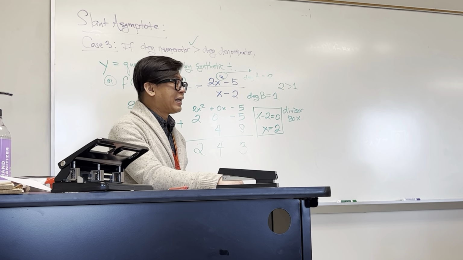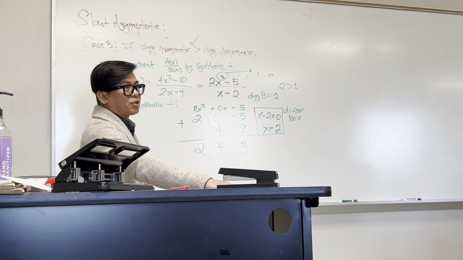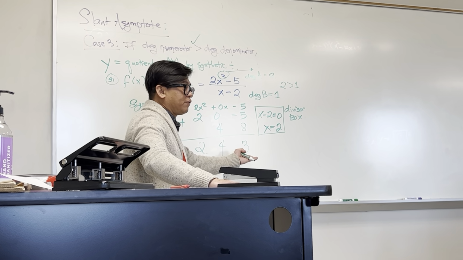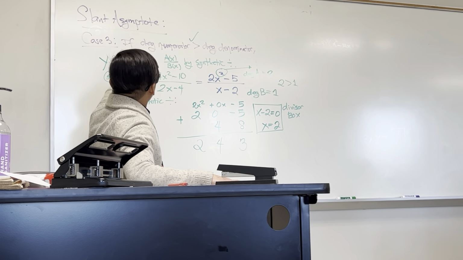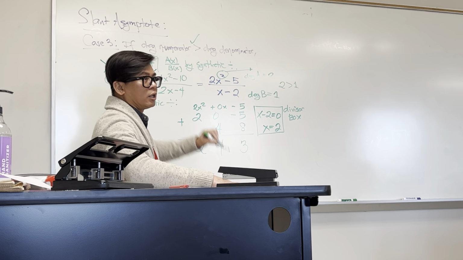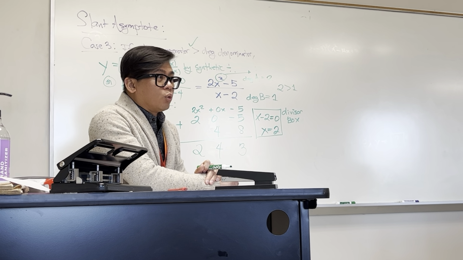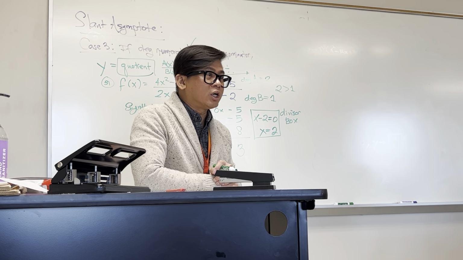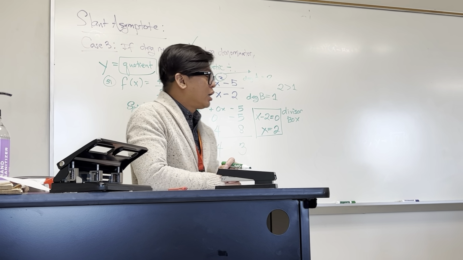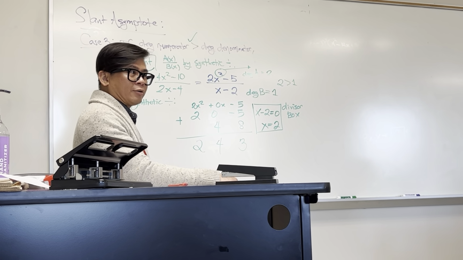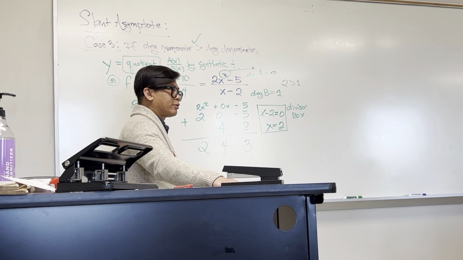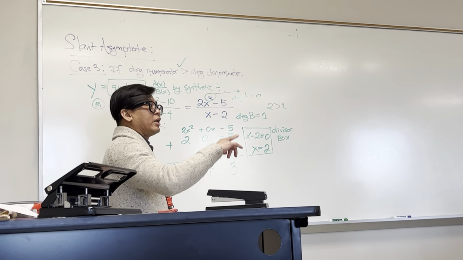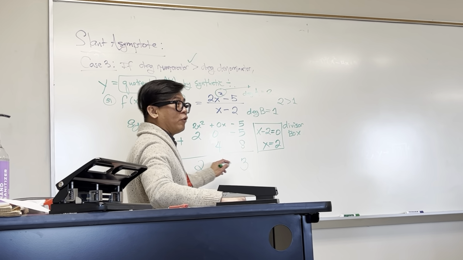According to our case number 3, what are we interested in? We want just the quotient, so we don't consider the remainder. What numbers represent the quotient? 2 and 4, very good.